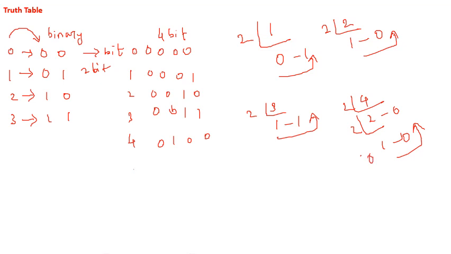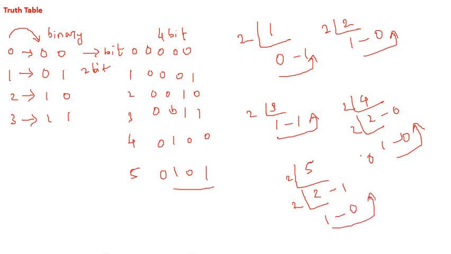Next, the fifth is 0 1 0 1. How do you get this value? Take 5 and divide by 2. You get 2 times, balance 1. Again 2 divided by 2 is 1 time, balance 0. Like this you write it down: 1 0 1.